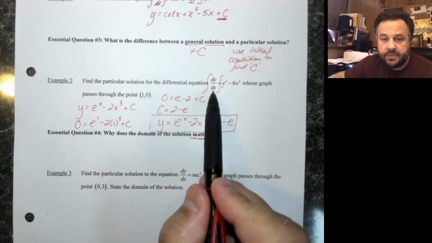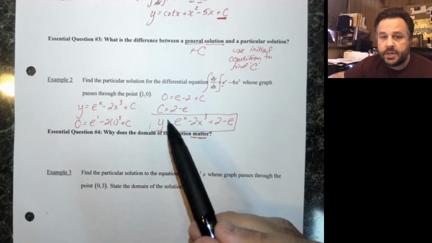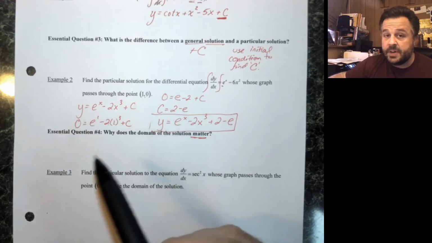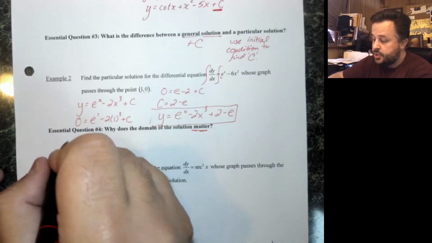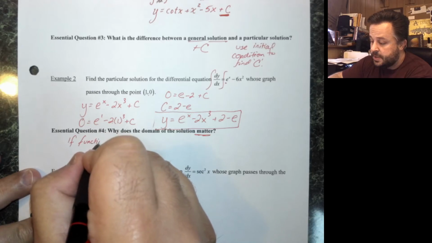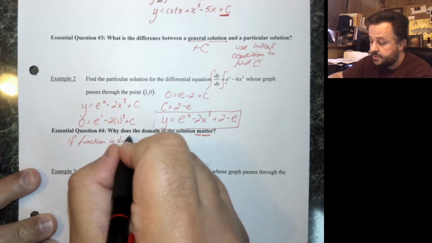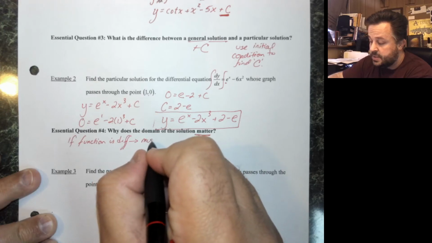We have the derivative, so we're trying to find a function that is differentiable. And we know that if a function is differentiable, then it must be continuous.